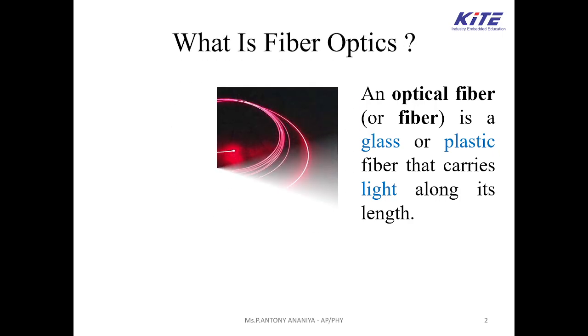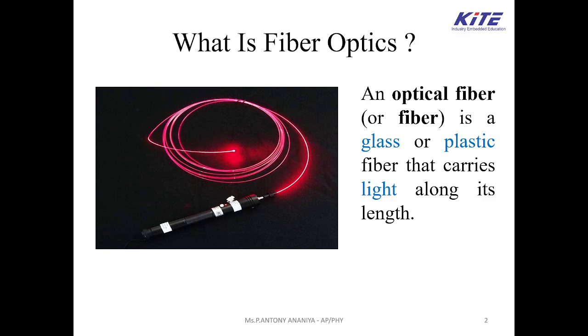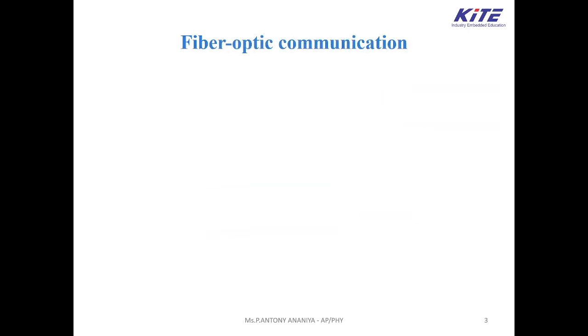So what is fiber optics? Fiber optics is transmitting communication signals over hair-thin strands of glass or fiber. In fiber optic communication, we transmit information from one place to another by sending light through an optical fiber.